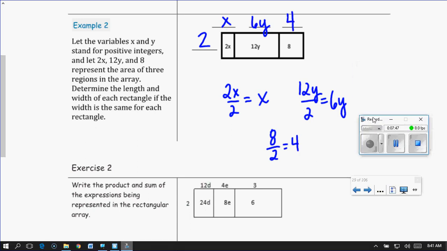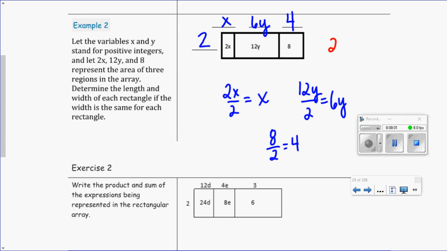Okay, so now I can see that 2 times x gives me 2x, 2 times 6y gives me 12y, 2 times 4 gives me 8. That means 2 is my outside number. Then I'm actually going to have 3 terms on the inside here. I have positive x, positive 6y, and positive 4. And that's it.